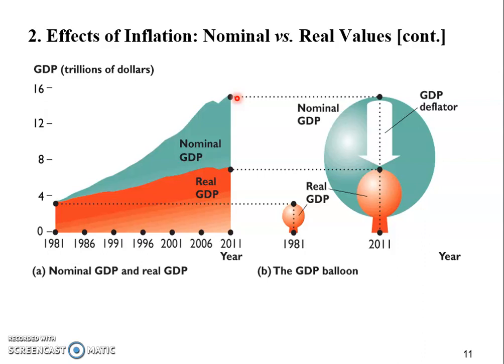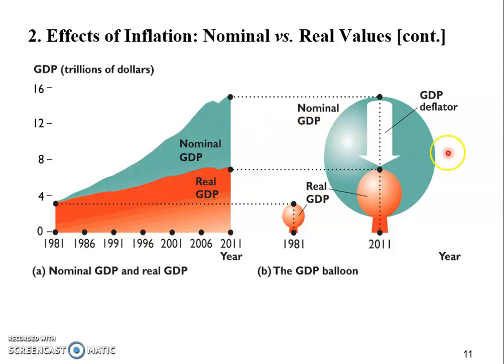However, a portion of this growth in output is because of the increase in prices. So if we focus on the real GDP, we find that in 2011 it's below $8 trillion. So the real size of our economy has grown about 100% over these 3 decades, much smaller than what nominal GDP suggested.